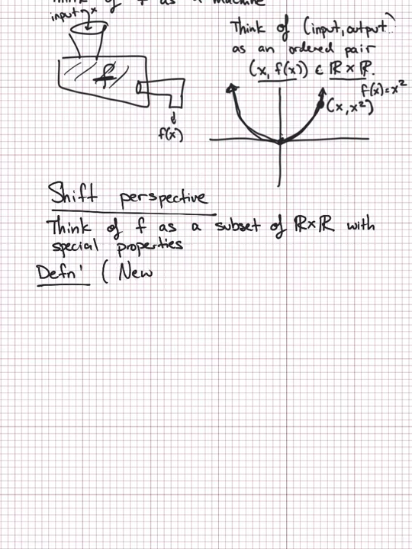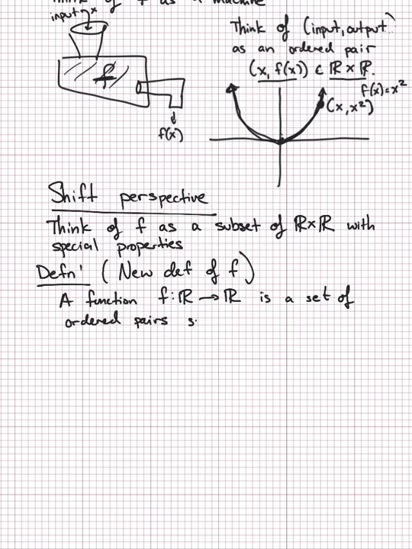Instead of this unique rule, I'm just going to say f is a function, and we can still have the good notation of f going from R to R, is a set of ordered pairs such that, well, I'm going to say pause. What is the condition on ordered pairs that this function should satisfy?